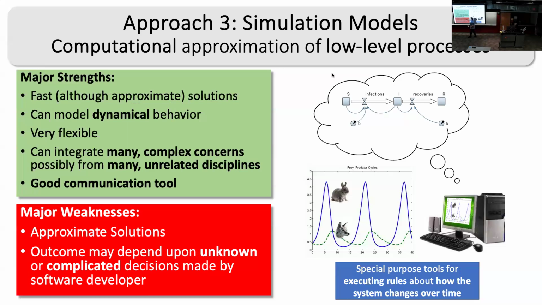So it's very flexible, integrates a lot of different parts, and is a good communication tool. The downside is we don't get any math out. There are approximate solutions. And because we depend on programs like Arena, FlexSim, and so on, our solutions will depend on assumptions that programmers made at one point in the development of the software.